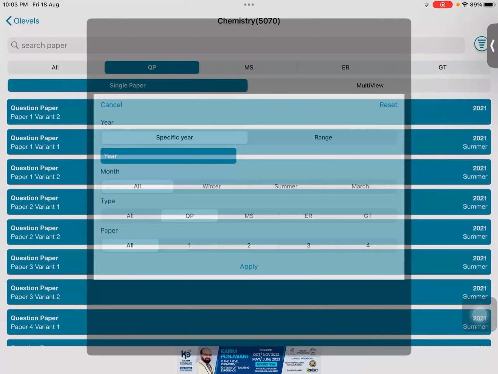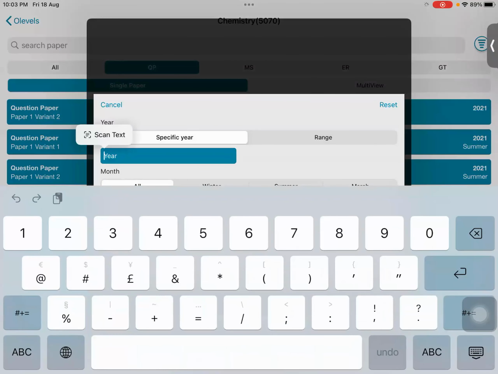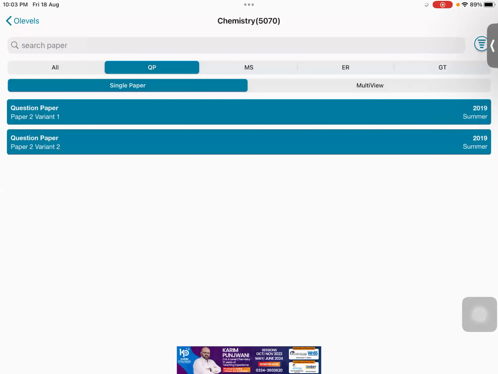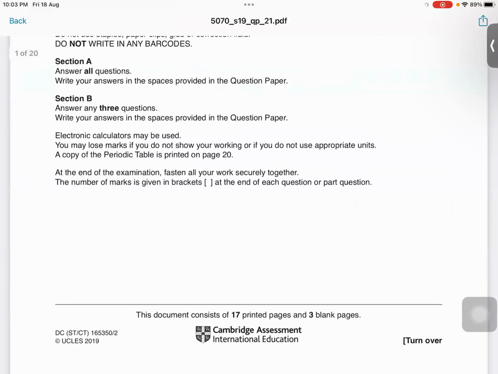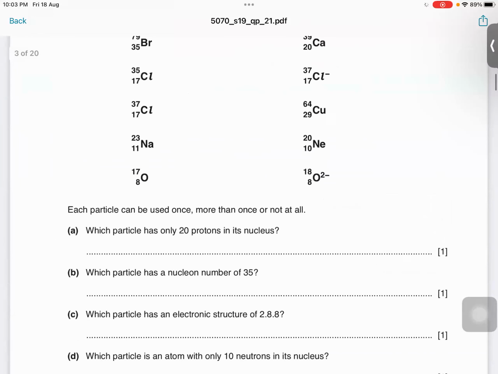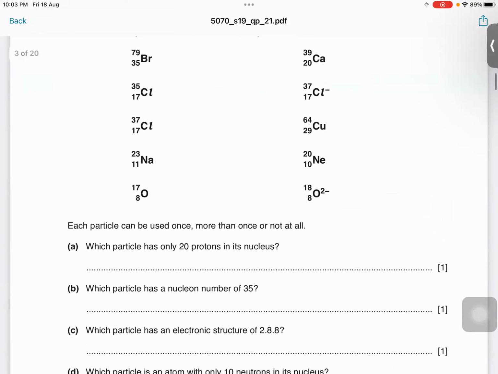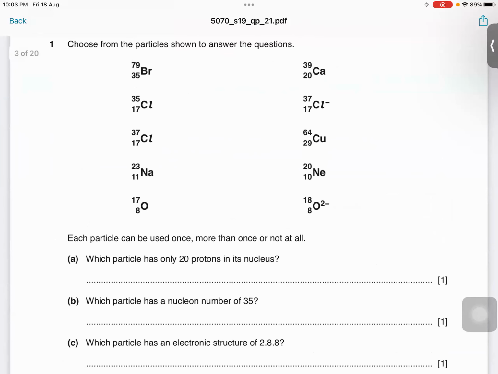So here is 2019, summer, paper 2, variant 1, and question number 1. This is question number 1.